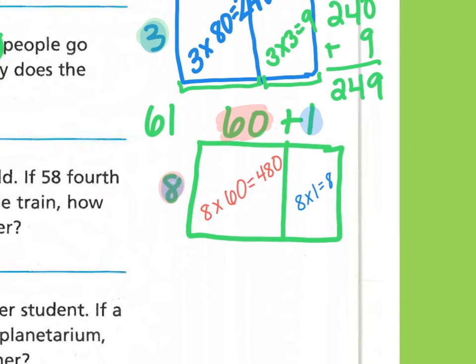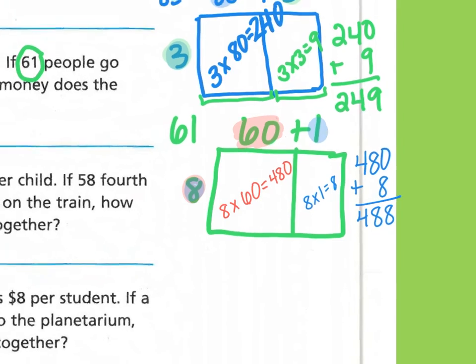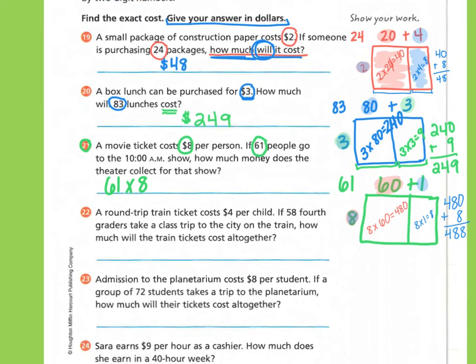Now that you've found both of your partial products, you can add together 480 plus 8. And you'll get 488. If you completed the problem correctly, your answer should be $488.